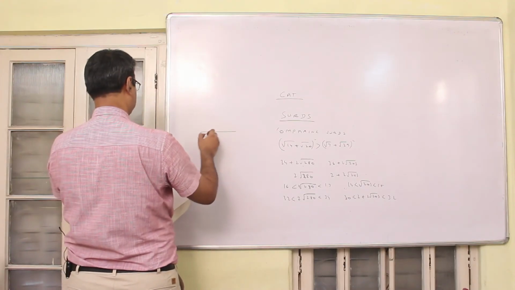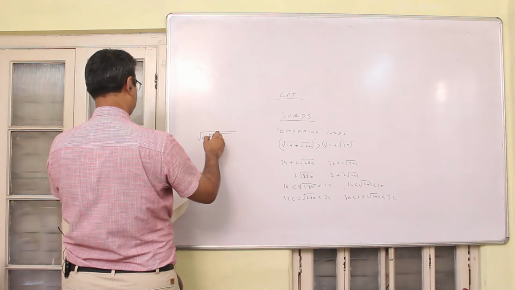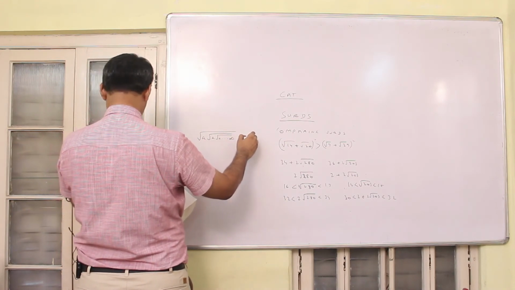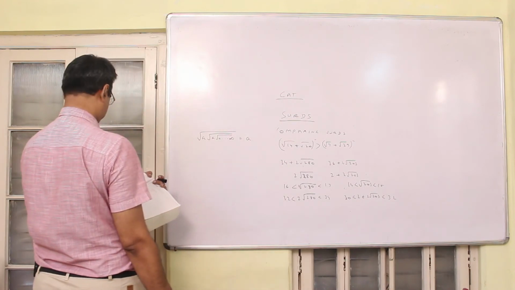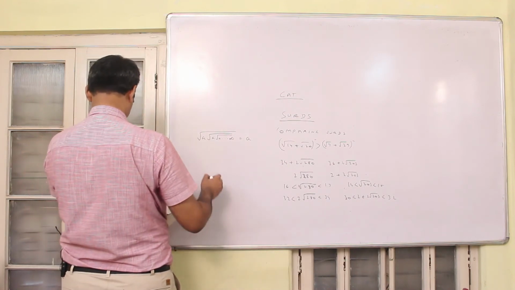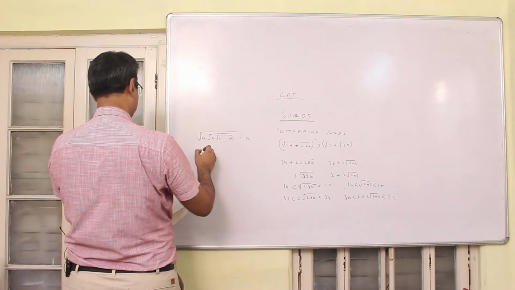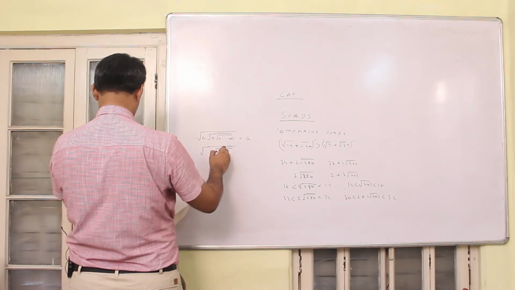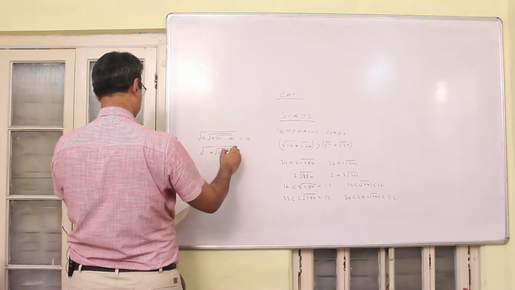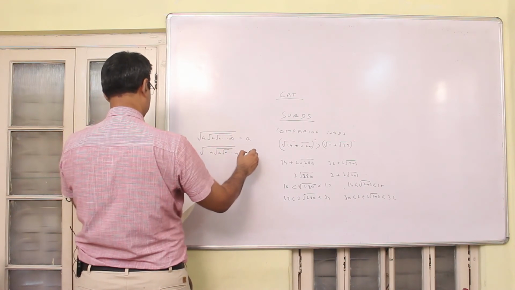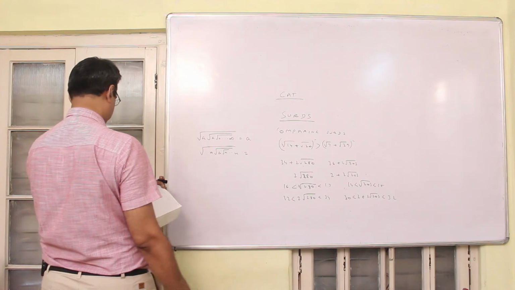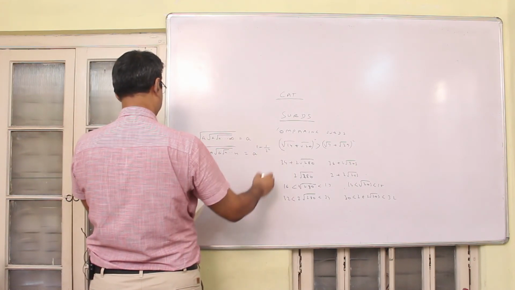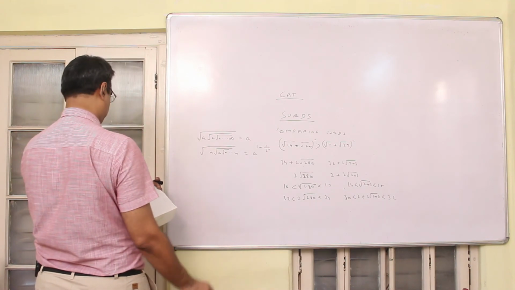Suppose you have an infinite surd like this, so this will be equal to A. Suppose you have a finite surd up to n times, so this will be a to the power 1 minus 1 by 2 to the power n.